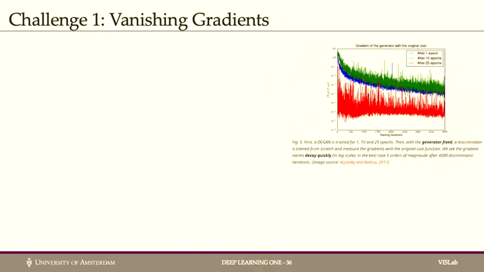All right. So vanishing gradients, as so often, is a big problem here. On the right figure, what you have is a picture of a GAN model as it is after either 1, 10, or 25 epochs. And now you keep the generator fixed, and you only train the discriminator for a few iterations, from 0 until 4,000 iterations.